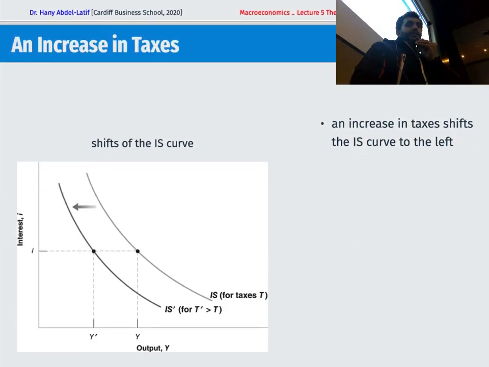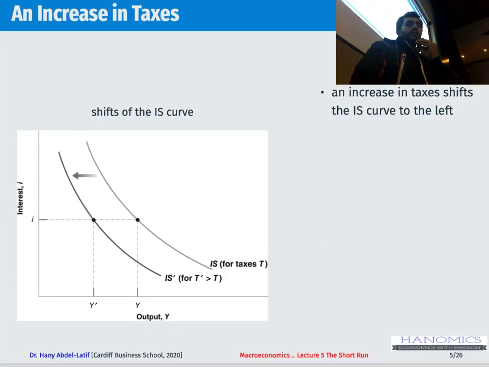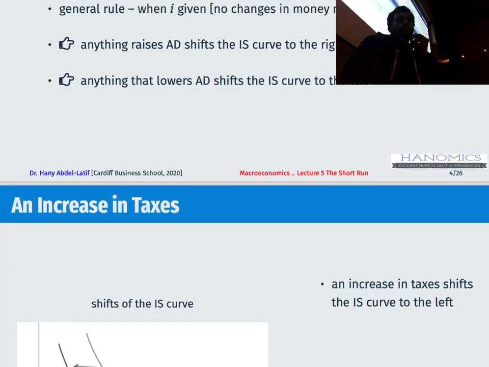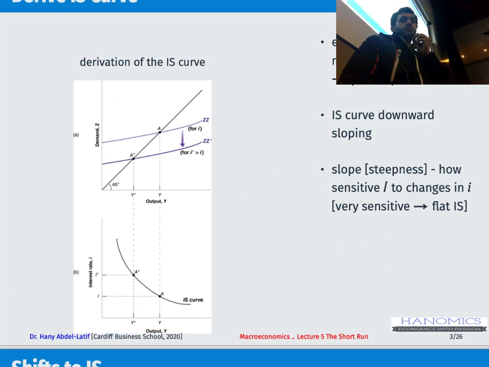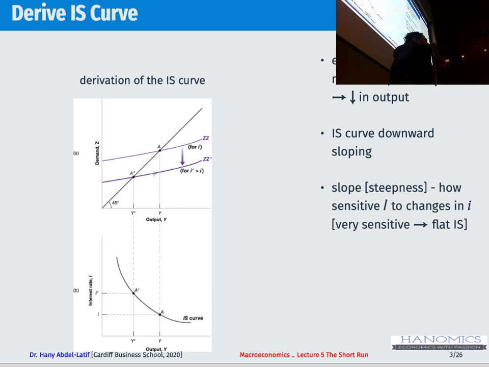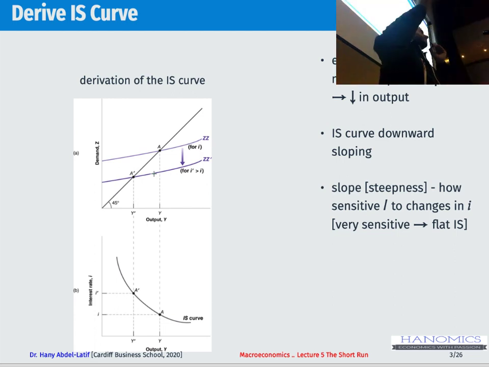We looked at one example, when taxes increase. So how taxes would affect the aggregate demand curve here, ZZ. Remember the components of aggregate demand: consumption, investment, and government spending.